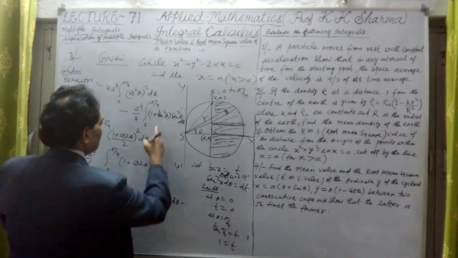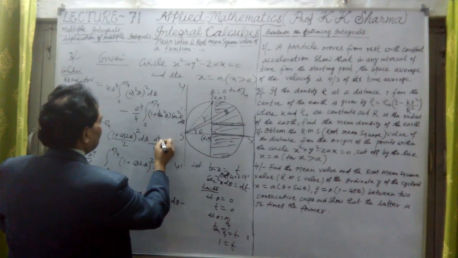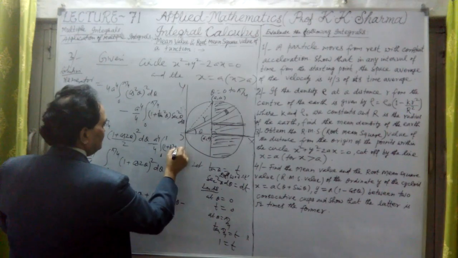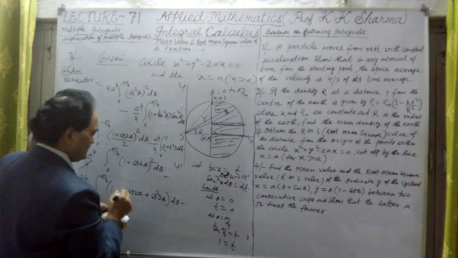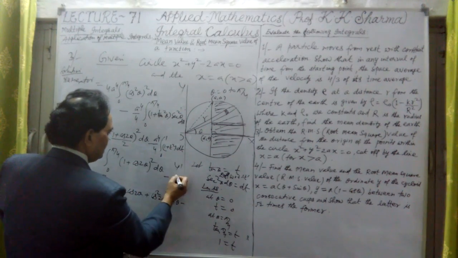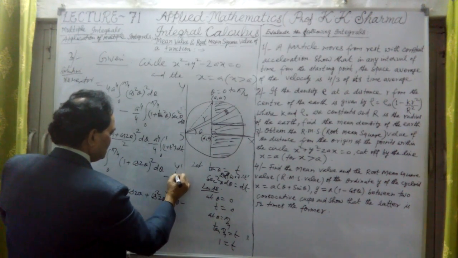I'm sorry, this is not written here. Just 0 to 1, 1 plus t square into dt. Now let me write here a^4 upon 4.